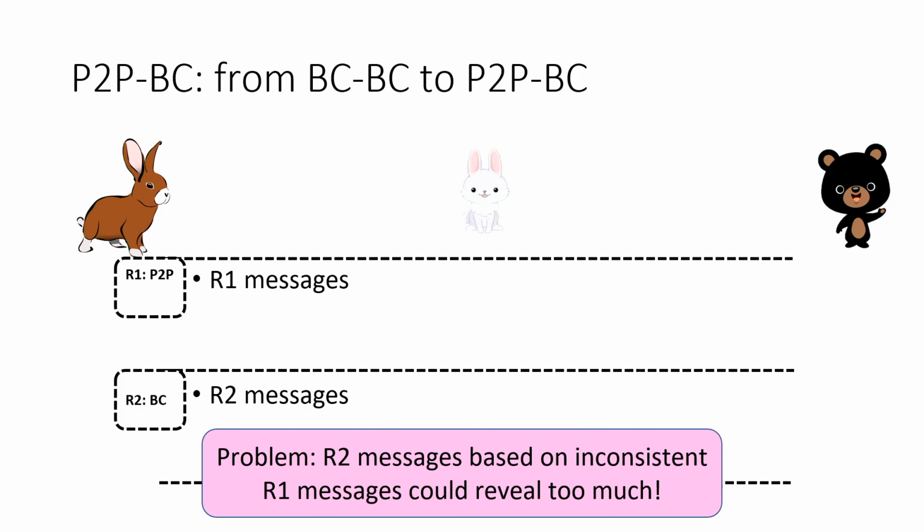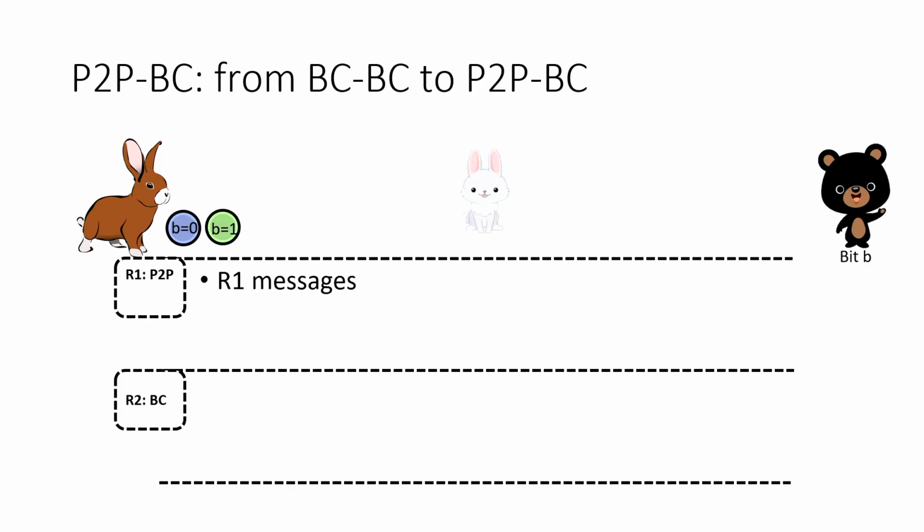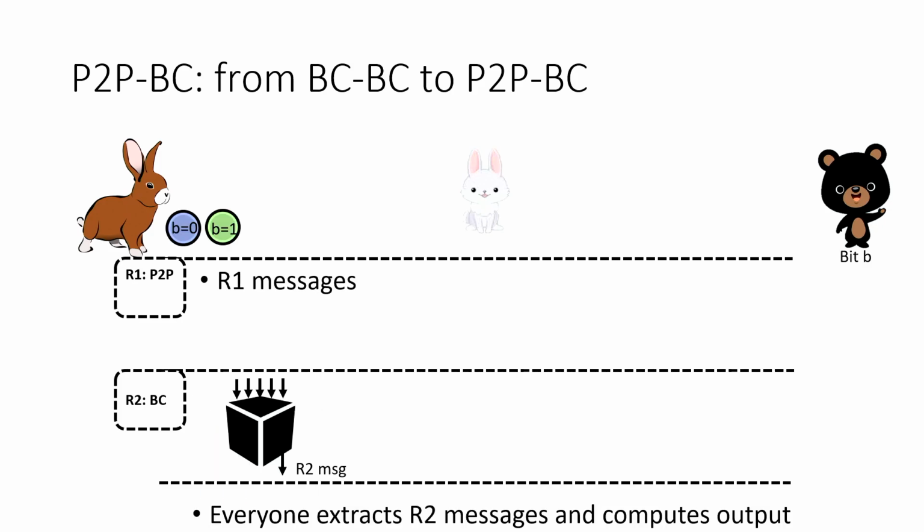So now we would like a mechanism such that the second round is released only if, at the end of the first round, everybody has the same view of the round one message of the parties. So for simplicity, and abstracting away some details, let's say that I have a magic box which spits out the second round message of a party, given the first round messages of all the other parties.